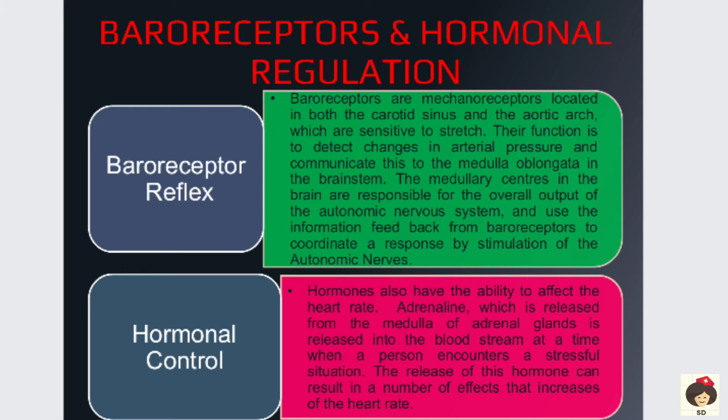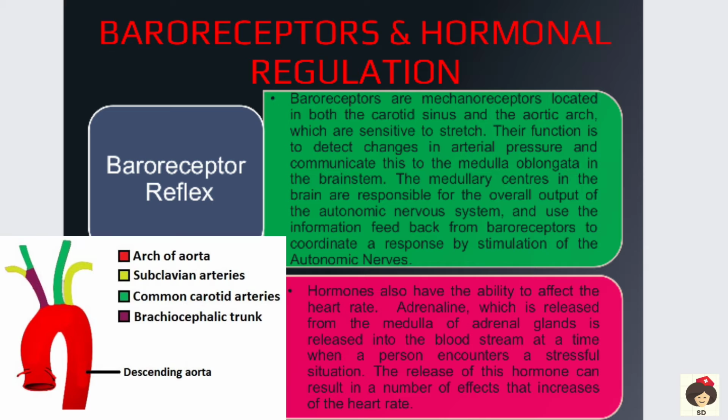And next, coming to the baroreceptors and the hormonal regulations. Baroreceptors and mechanoreceptors are present in the carotid sinus and the aortic arch. The arch of the aorta is the upper portion. When the aorta leaves the ventricles and forms an arch on the upper portion, it is called the aortic arch.